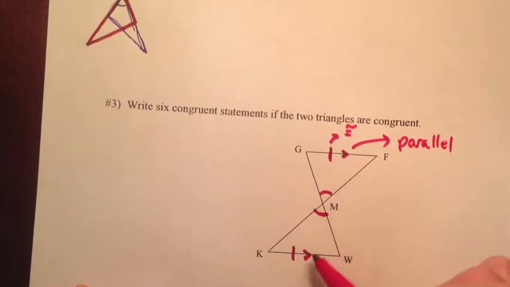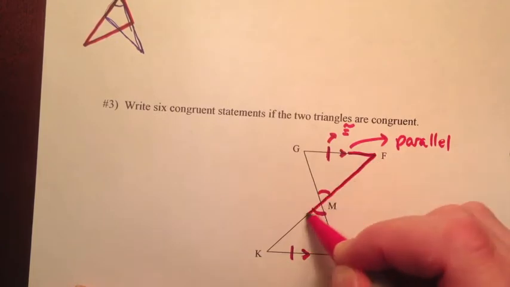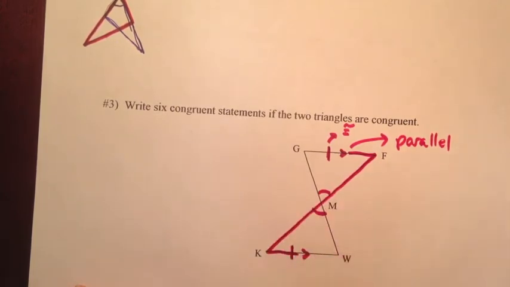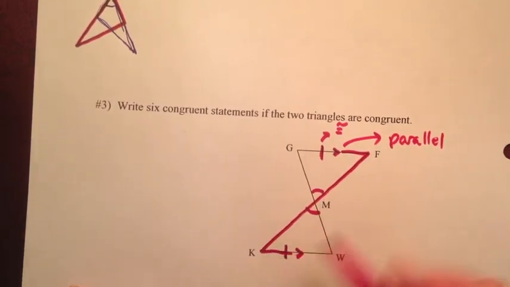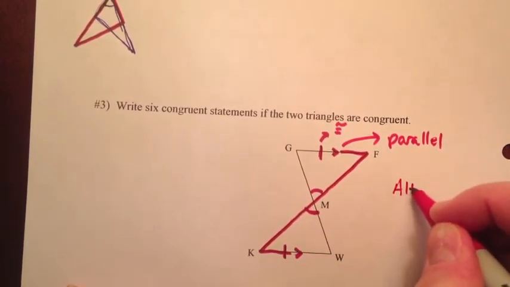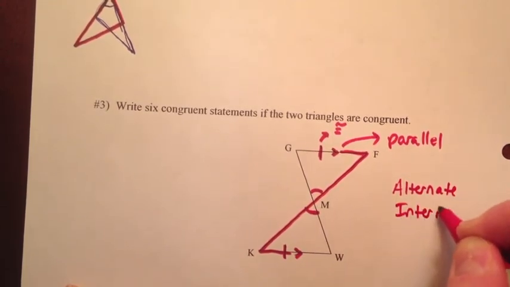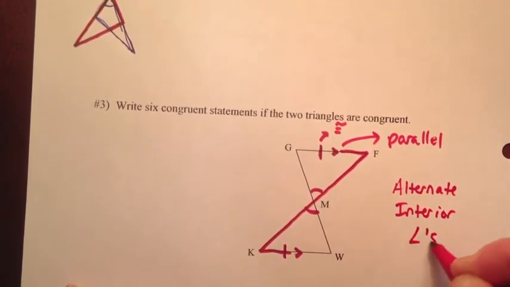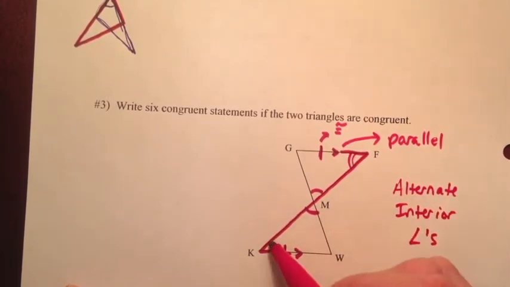Now the parallel lines also give us information. One thing you should always look for with parallel lines, do you see the letter Z right there? The Z is for alternate interior angles. Alternate interior angles. When the lines are parallel, alternate interior angles are always congruent.